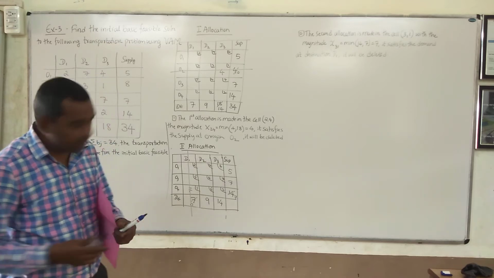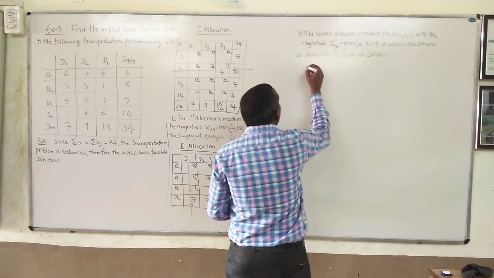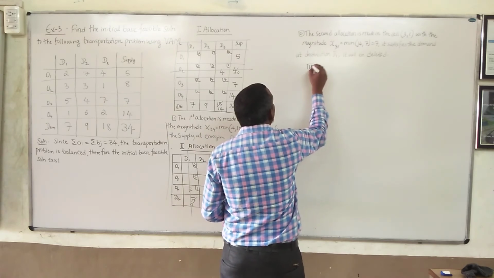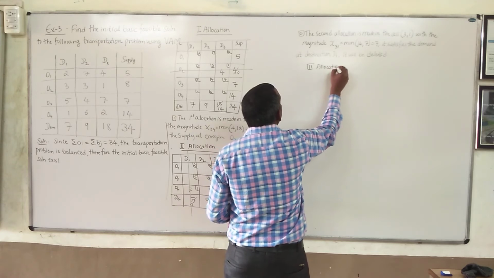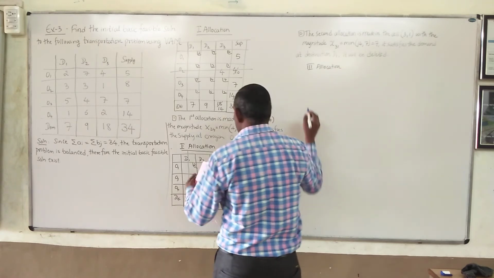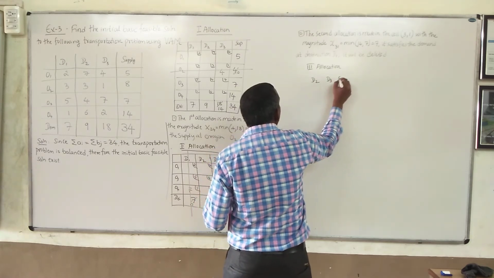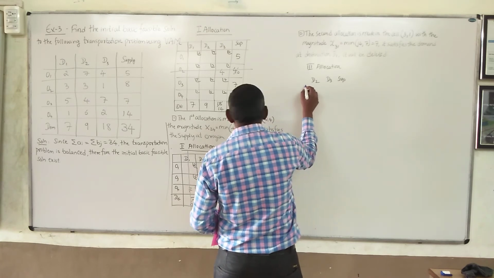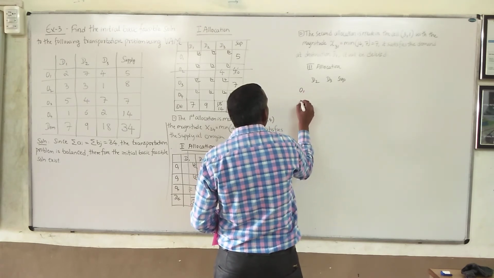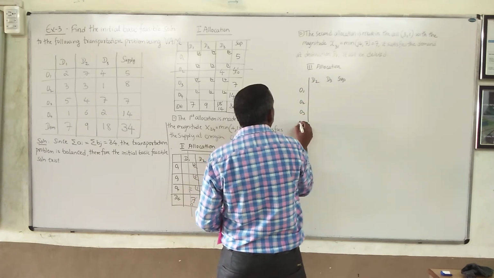So what happens here? Go for the third allocation. So what happens in the third allocation? So it is D2 and D3 followed by supply. Here it is O1, O2, O3, and then demand.